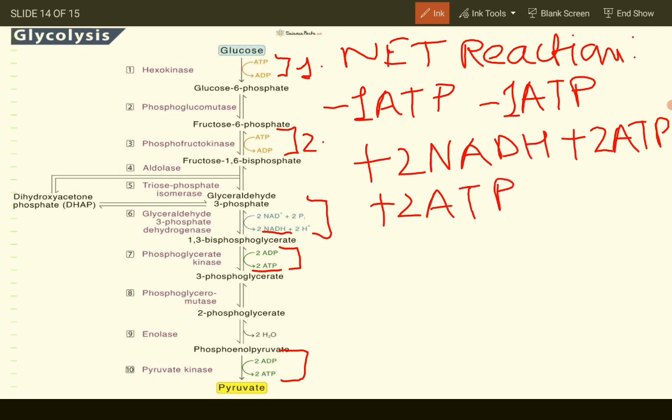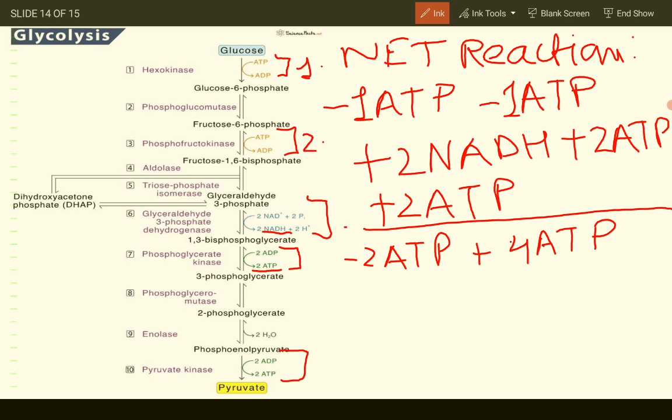So if you see the whole, there is minus 2 ATP, plus 4 ATP, plus 2 NADH, right? So this is the whole reaction. Now minus 2 ATP plus 4 ATP equals 2 ATP in total, plus 2 NADH.